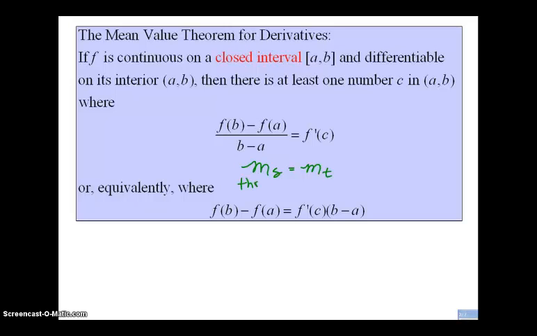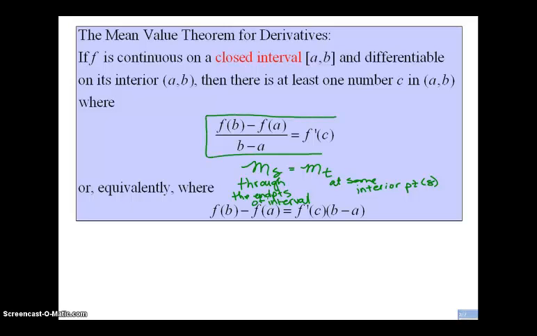Specifically, the slope of the secant line through the endpoints of the interval will equal the slope of the tangent line at some interior point or points, at least one. So there is the mean value theorem for derivatives.